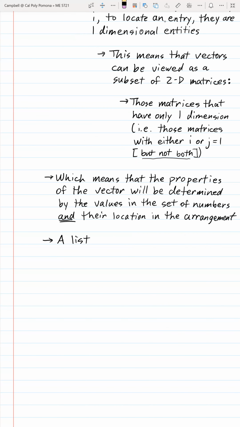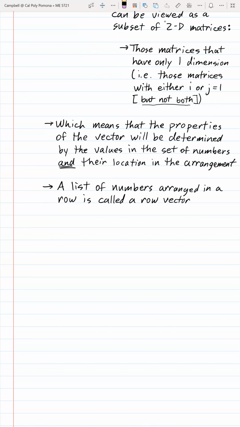So a list of numbers arranged in a row is, of course, called a row vector.